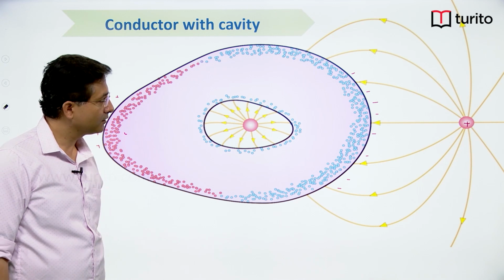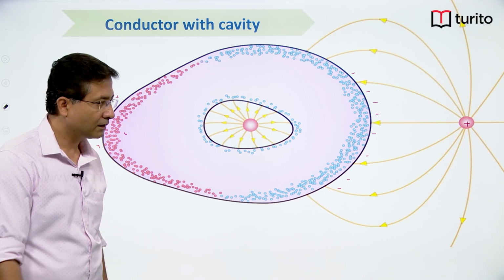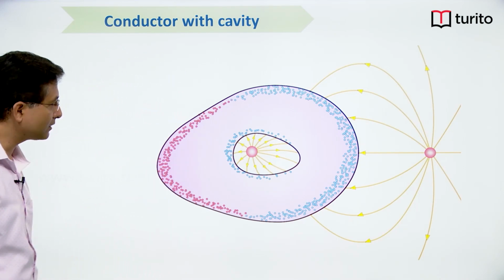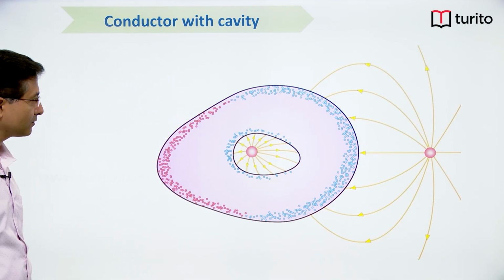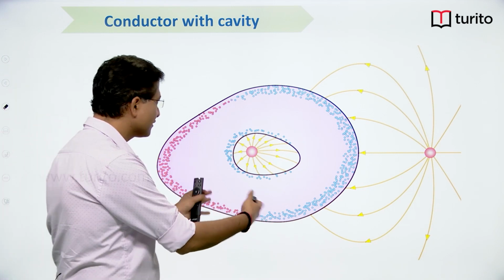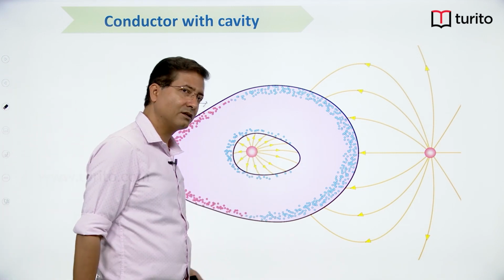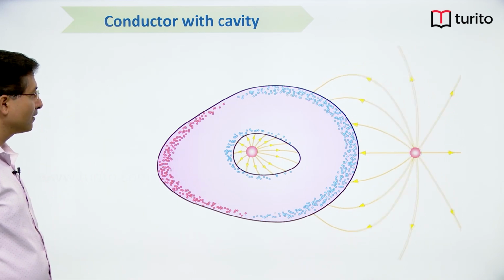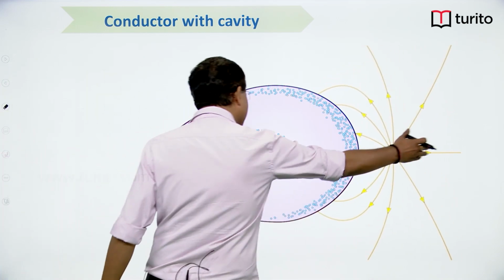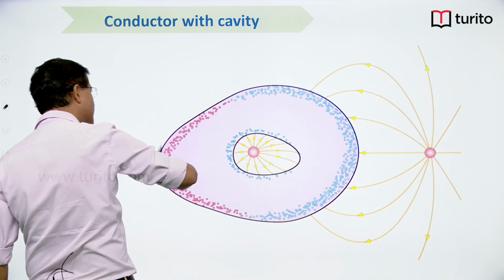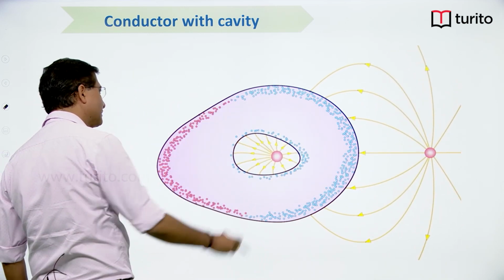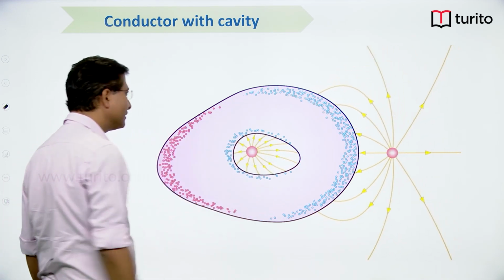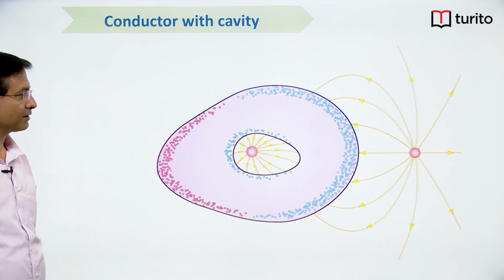Right. Now, let us see the next one. Okay, let us do one thing before getting into the next one. Let us move everything, this one, so that you will understand how the distribution is getting affected. See, so first I am just moving this. So, on the surface the distribution is getting affected, then I am moving this, then on the surface of the cavity the distribution is getting affected.